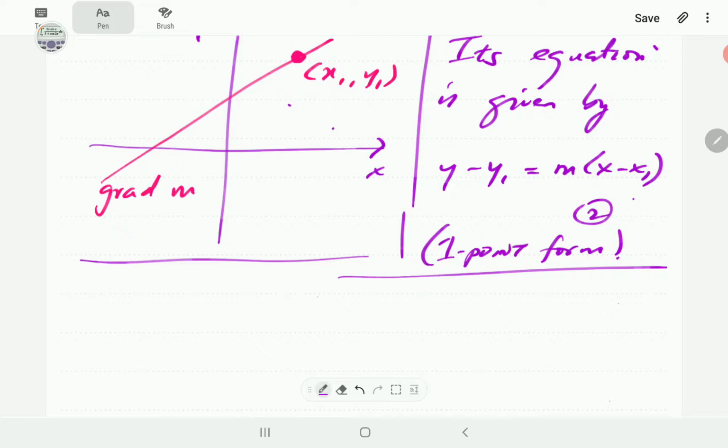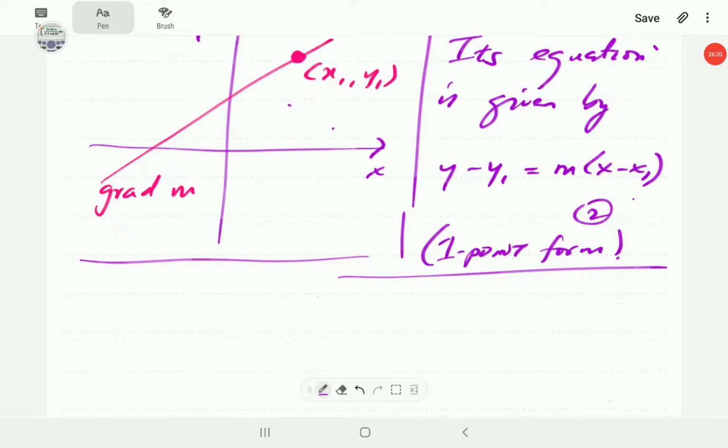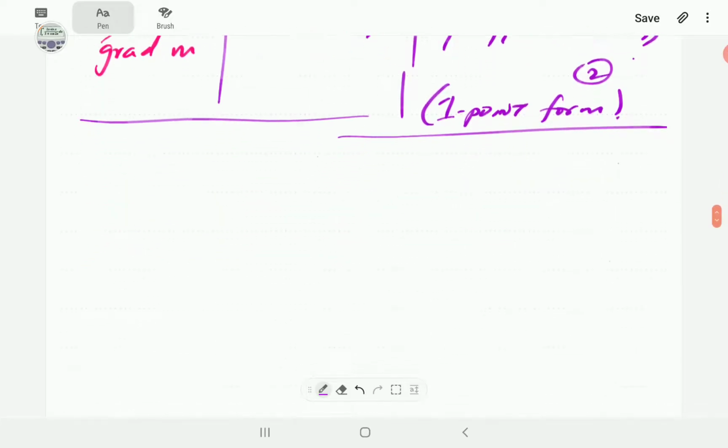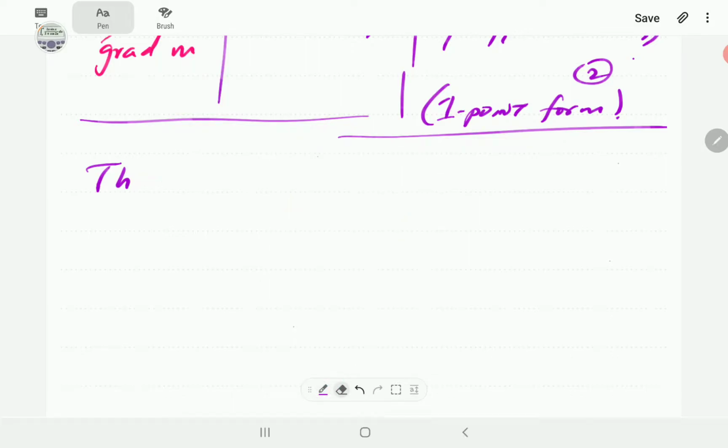Okay. Then the final form that we are going to introduce to you is what is called the general form of the equation of a straight line. Then in the next video we're going to start looking at examples of how these theoretical considerations apply when we have to find the equation of a line.